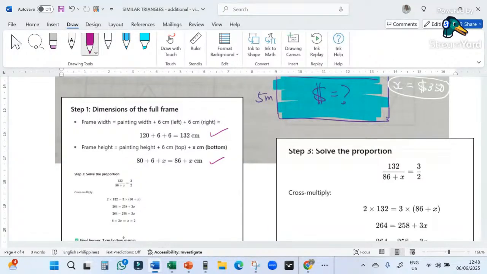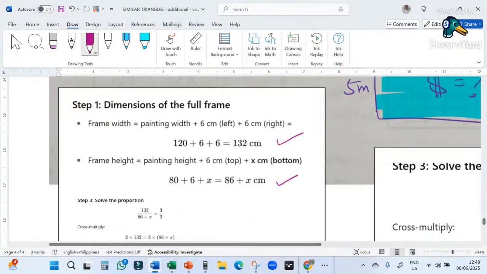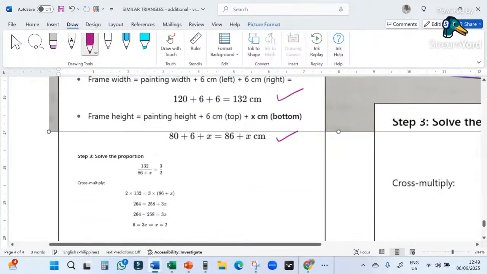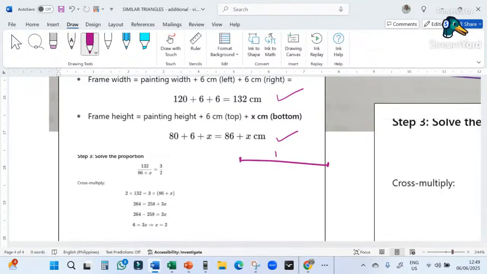Then you're going to make a ratio and proportion. 132, this is 120. You have a 6 here and a 6 here. And you have 80 here for the length. Okay.